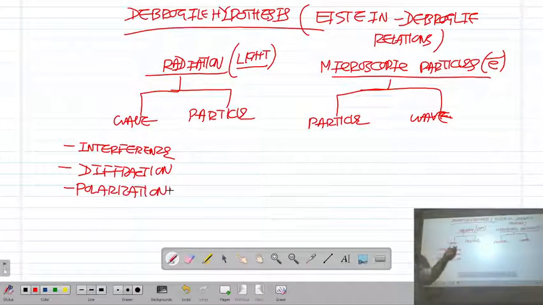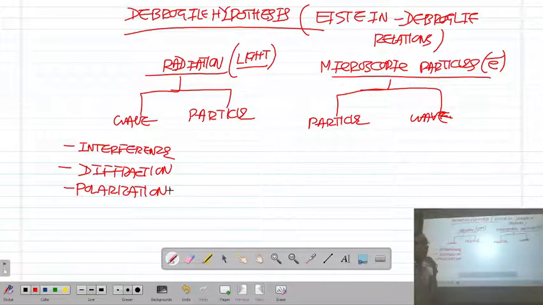So these are the three optical phenomena: interference, diffraction, and polarization. In these, light behaves as a wave. So if you consider the wave nature of light, interference, diffraction, and polarization can be explained. If you consider the particle nature of light, interference, diffraction, polarization cannot be explained.